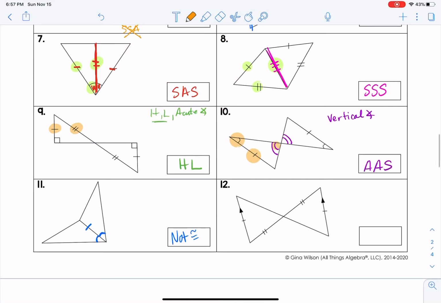For number 12. The first thing that I notice is that these are vertical angles, but that gives me side, side, angle, and I know that that's not anything I can use. So then I take note of our parallel line symbols, and I extend my parallel lines and my transversal.